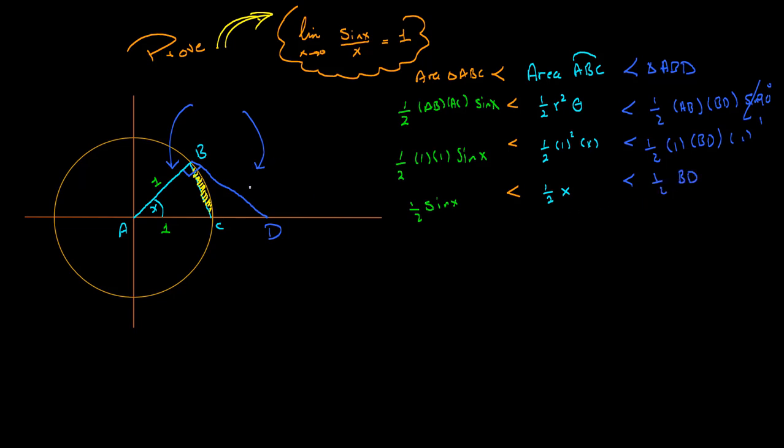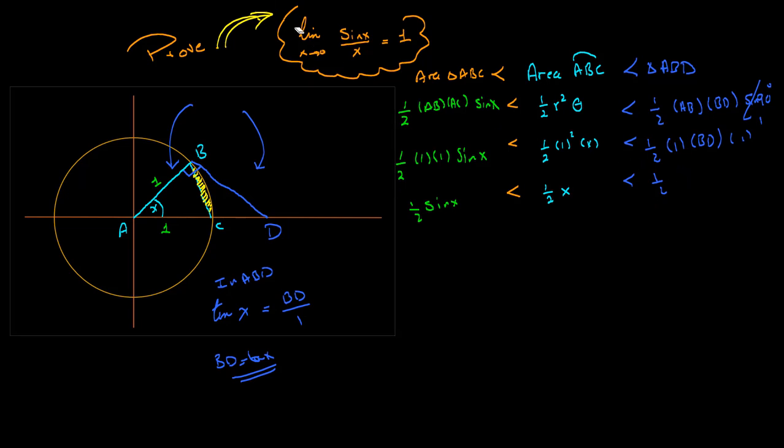Let's find BD. In the triangle ABD, tan x equals the opposite side of x, which is BD, over the adjacent one, which is AB, which is 1. So BD equals tan x. Now I can substitute BD by tan x.